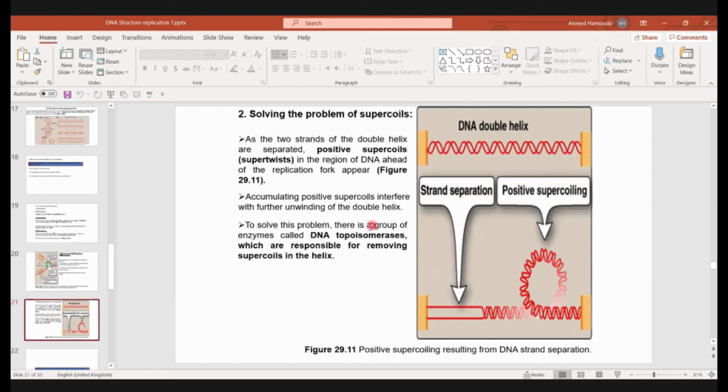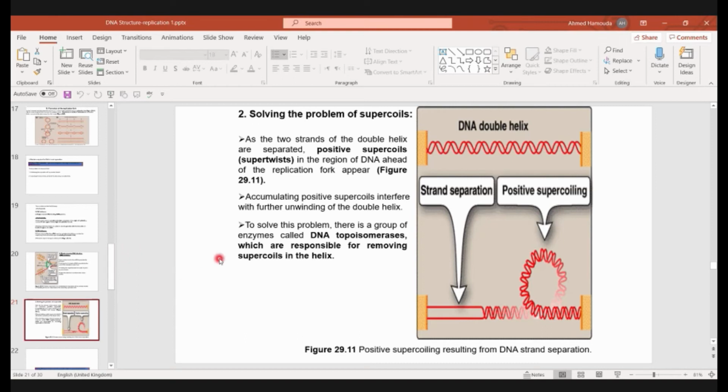Alhamdulillah, there is another enzyme called DNA topoisomerase that will help to relieve this so that the replication can carry on smoothly. So you need to know what these enzymes usually do.